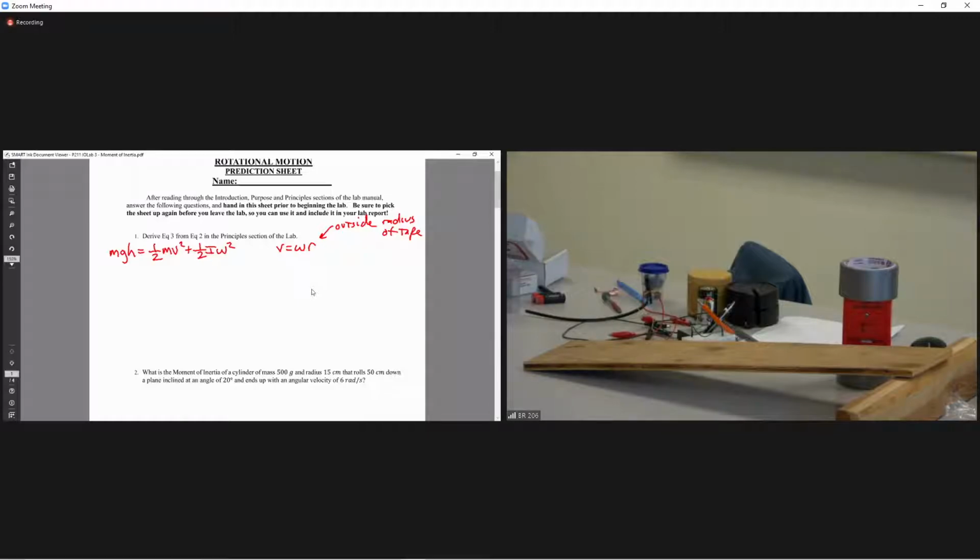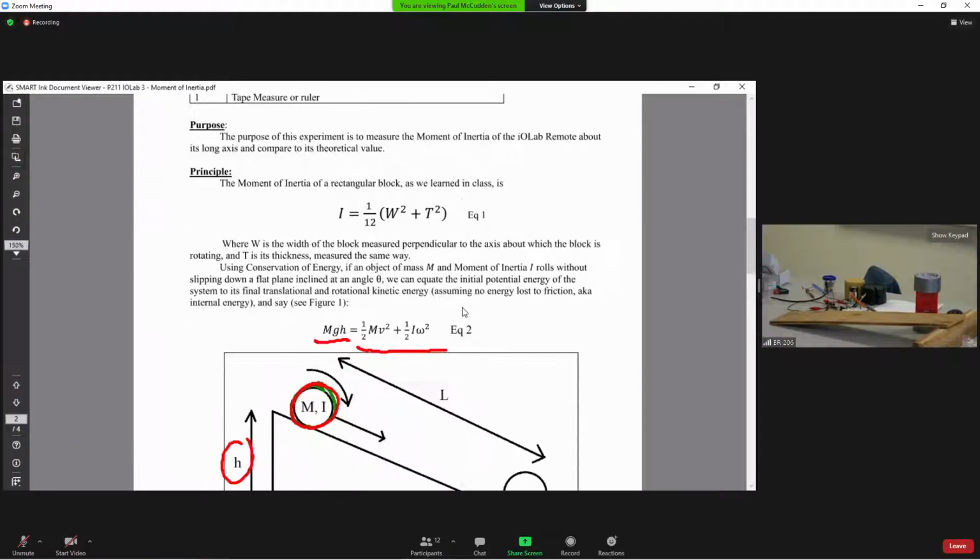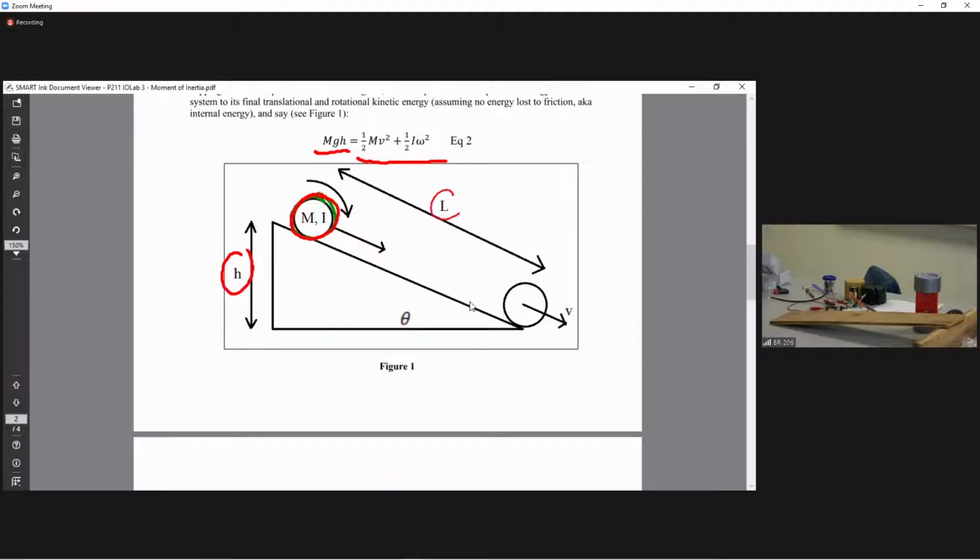So what is that? Let's see. Unfortunately, we don't know h, right? Because all we measure is the length that the iOLab rolls and the angle theta. But that's not too bad, because sine theta is h over L, and therefore h is L sine theta.